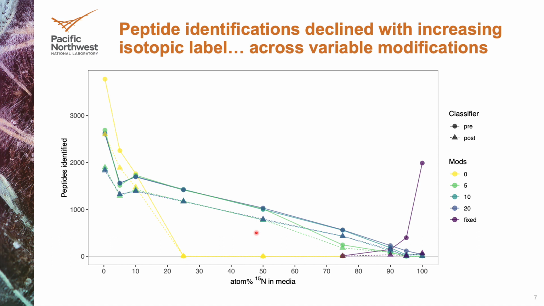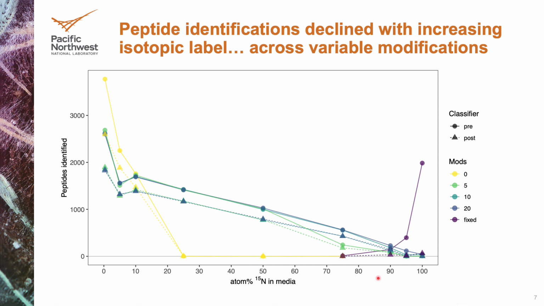One thing to note is that some degree of 15N variable modifications must be included during peptide searching to identify, let alone quantify enrichment of peptides with greater than about 10 atom percent label incorporation, as shown by the steep drop in the yellow line here, which considered 0 variable 15N modifications per peptide.